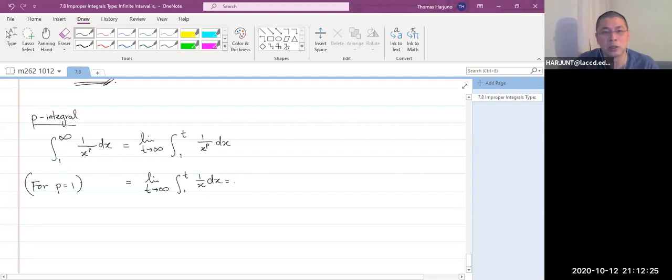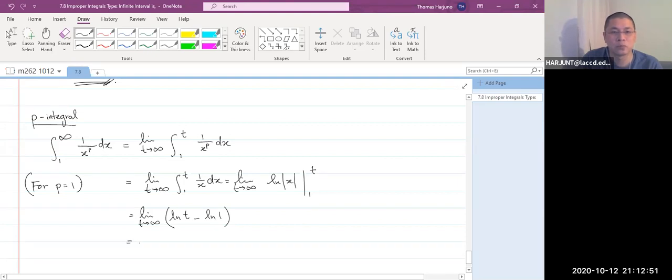This is the limit as t goes to infinity of ln absolute value of x from 1 to t, which is the limit as t goes to infinity of ln t, because t is positive, minus ln 1, which is 0. You can see this actually diverges to infinity.